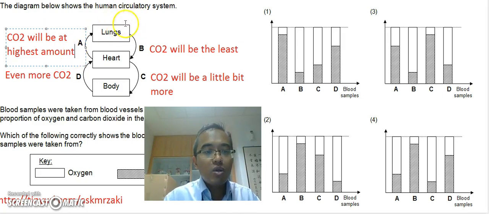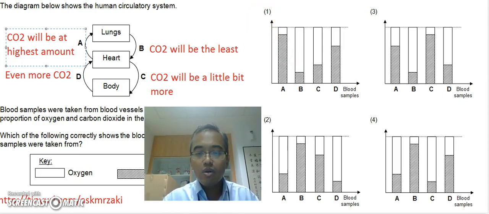Now when it goes to the lungs, all the CO2 will be removed from the body. So as the circulatory system brings the blood through B again, CO2 will be the least. So let's check. Okay, CO2 is the least in B, followed by C, and then D, and then finally A. So the answer is obviously number 1.